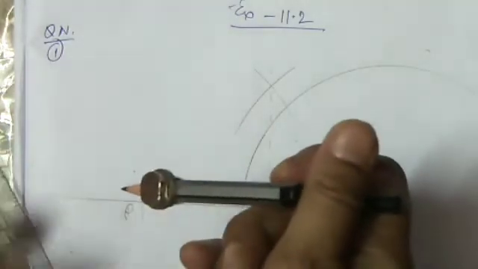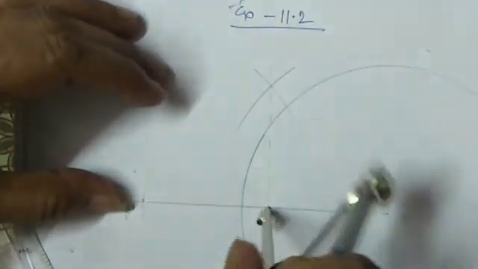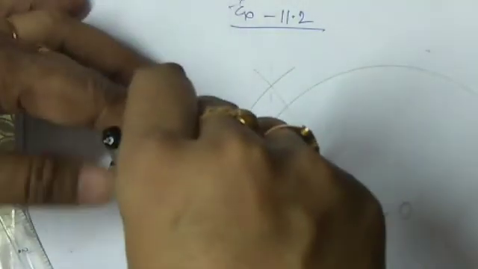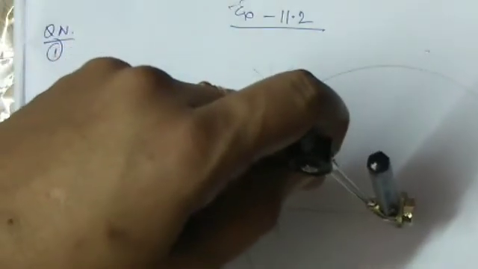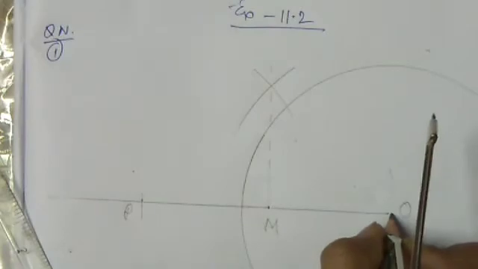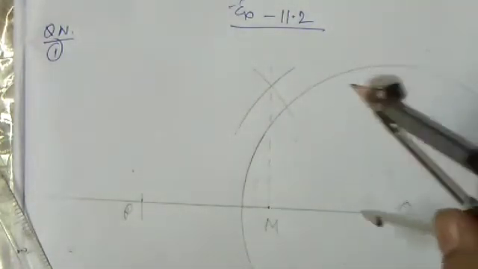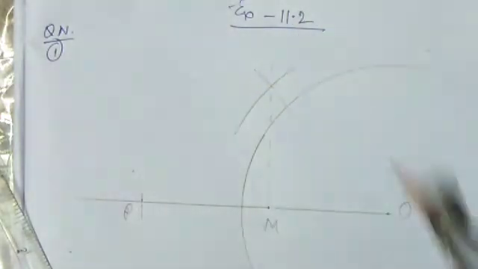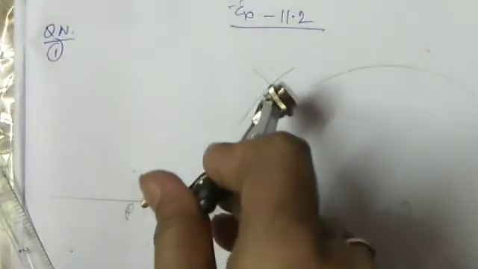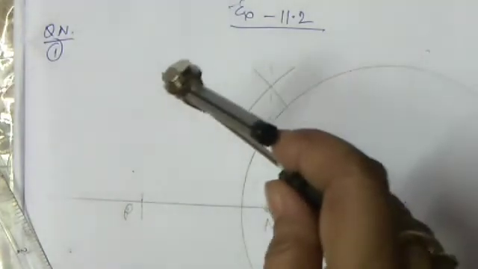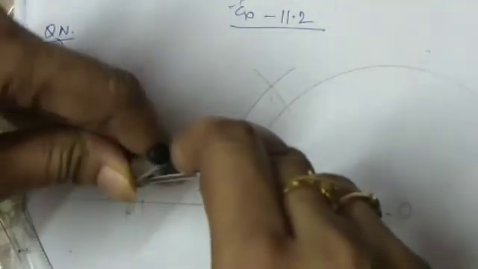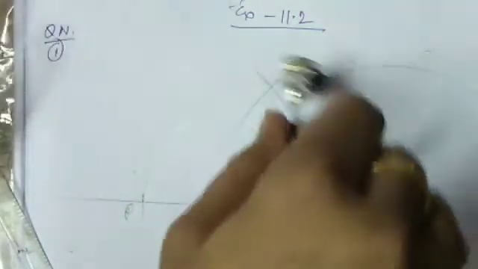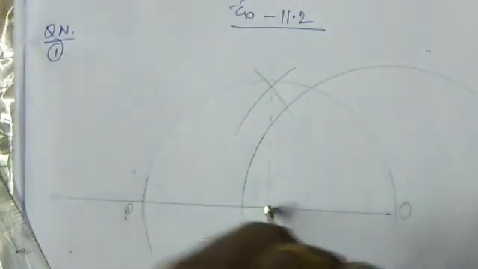By taking M as the center, we draw a circle. It must always pass through the center.